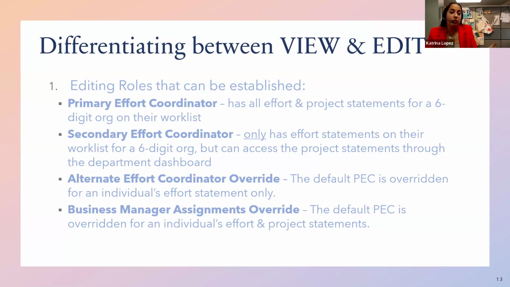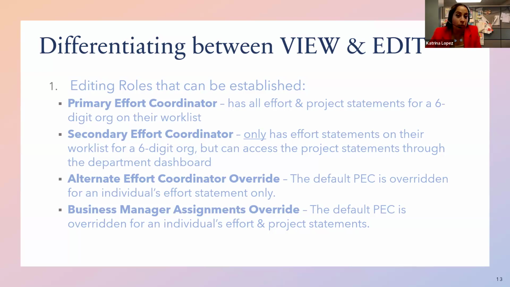Then we have a couple of different types of overrides. Okay, the primary business manager for a whole org, maybe it's not the same for a particular faculty member. We want to assign it to another effort coordinator. So we have an alternate effort coordinator override. This individual will override the primary effort coordinator that's originally assigned, and they will only have access to that faculty member's effort statement.